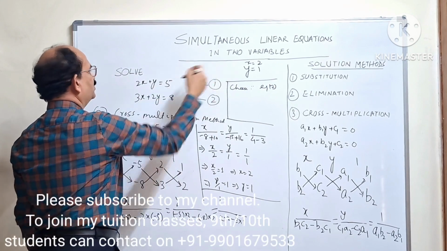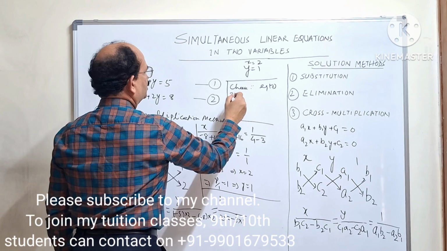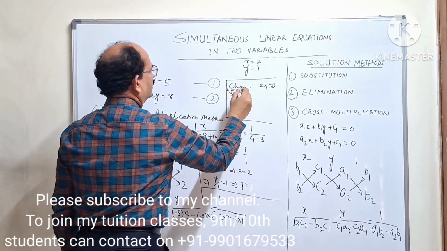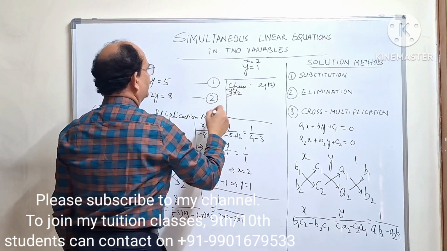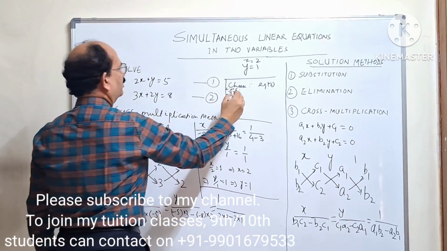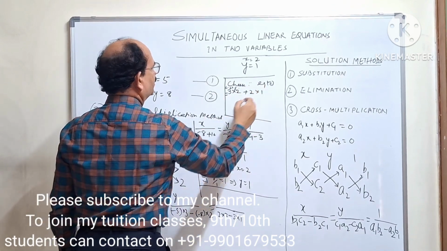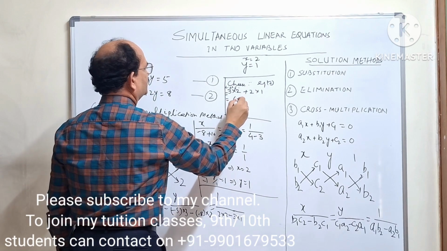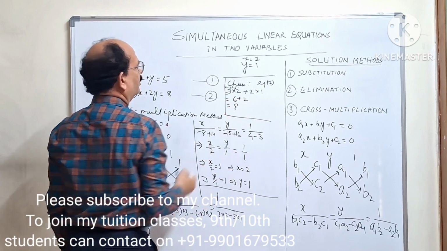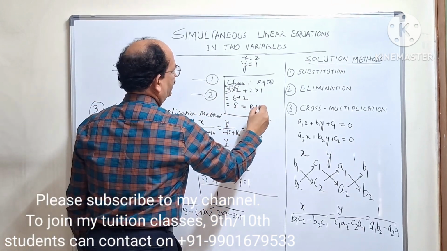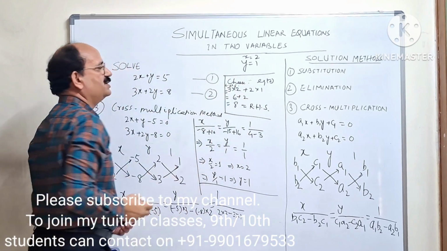Let's put the values. So 3 into 2, that will be my LHS, right? So that will be 3 into 2 plus 2 into y, which is 1. So 6 plus 2, that is equal to 8, which is RHS. So it means whatever solution we have got is correct.